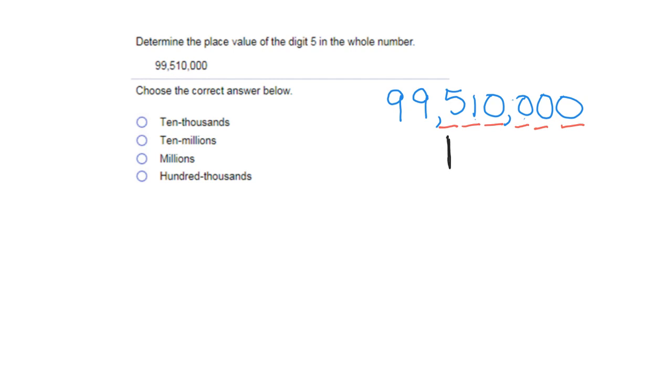So the 5 is located in the 100,000s. Notice there's a hyphen between the words hundred and thousands. So this allows us to choose this last answer for our final response.